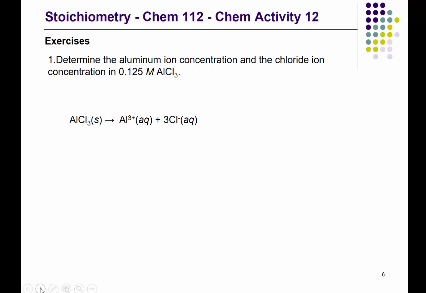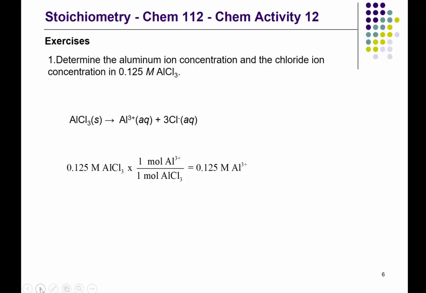I'm using the equation for the dissolution of aluminum chloride, producing aluminum ions and chloride ions. And as I mentioned, you don't need the molar mass because we're already working at the level of molarity. So if you know the concentration of aluminum chloride, 0.125 molar, well, for every 1 unit of aluminum chloride, 1 unit of aluminum ions are produced.